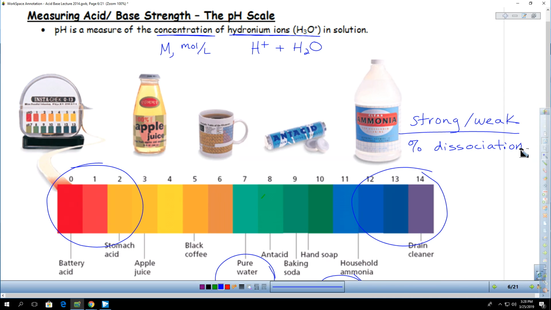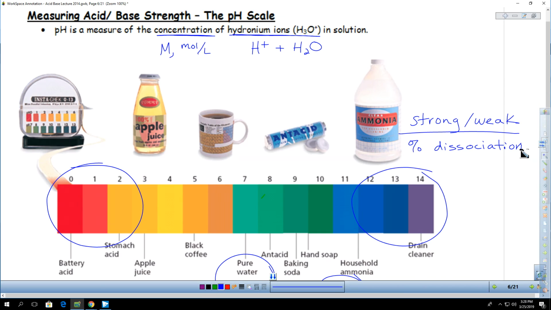You could have a strong acid that dissociates completely, but what if the concentration is really dilute? What if it has a really small molarity? Well, even though it's a strong acid, it might give you a pH of like 5 or 6. pH is a measure of the concentration of hydrogen.